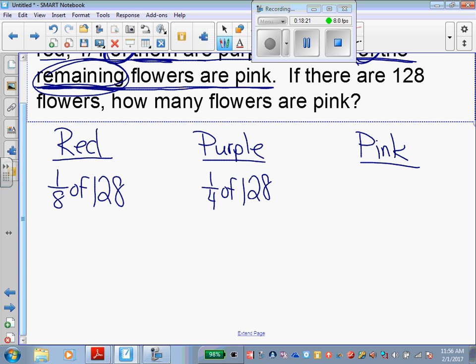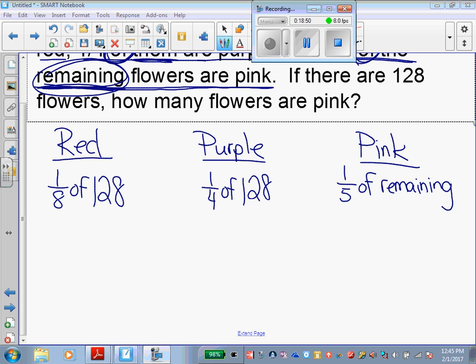Baha: 1/5 of the remaining. Yes. Good. 1/5 of the remaining. You were kind of right. You said we don't know. We don't know how many flowers are remaining, but we do know that we're going to have to look at the remaining part, that it's 1/5 of the remaining.